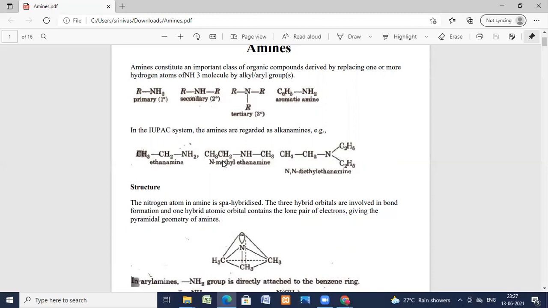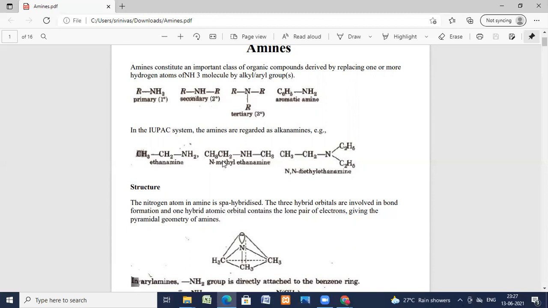Similarly, methylethylamine can be called N-methylethanamine, and trimethylamine N,N-dimethylmethanamine. So the capital N should be used for the N-alkyl substituted derivatives of amines.